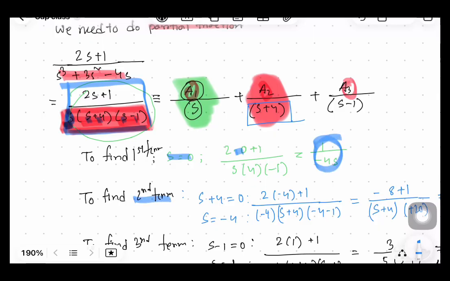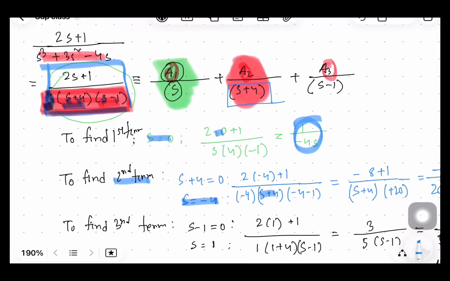To get the second term, we consider the second factor, s plus 4 equals 0. So here we get s equals minus 4. We keep the s plus 4 undisturbed, and in the rest of the factors we put s equals minus 4.